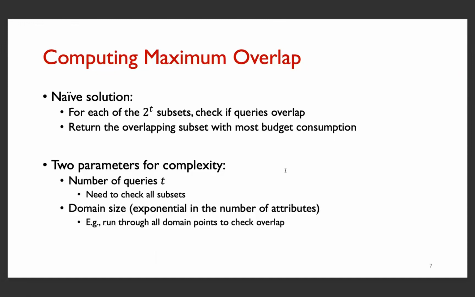One is the number of queries, because we need to check all possible subsets. The other one is the domain size, which is exponential in the number of attributes. And the reason for that is, in order to check if queries overlap, we need to go through all the domain points in the naive way. And notice that the domain points are different from the actual data points. The domain points cover all possible data points that there could be.